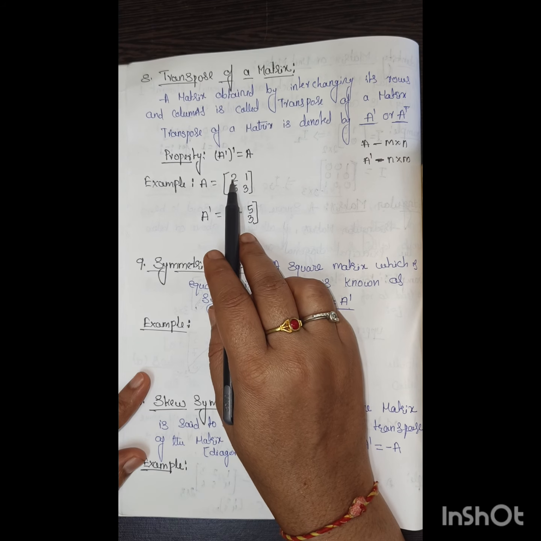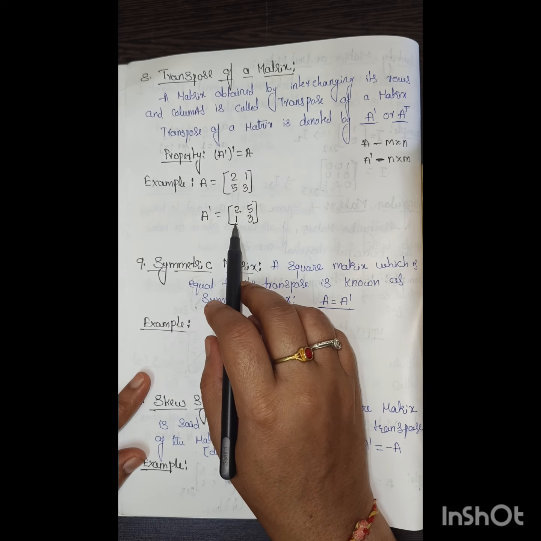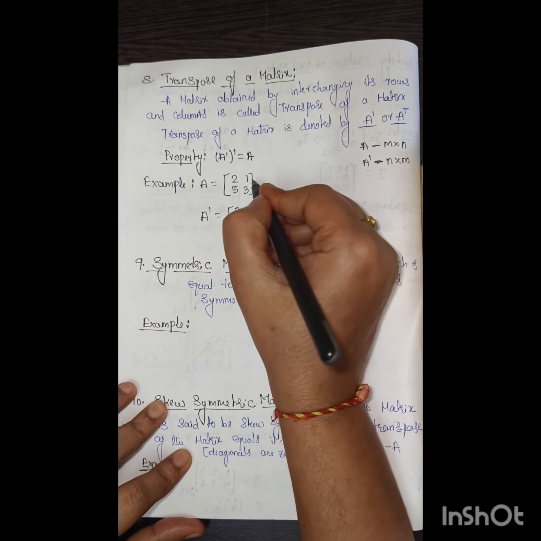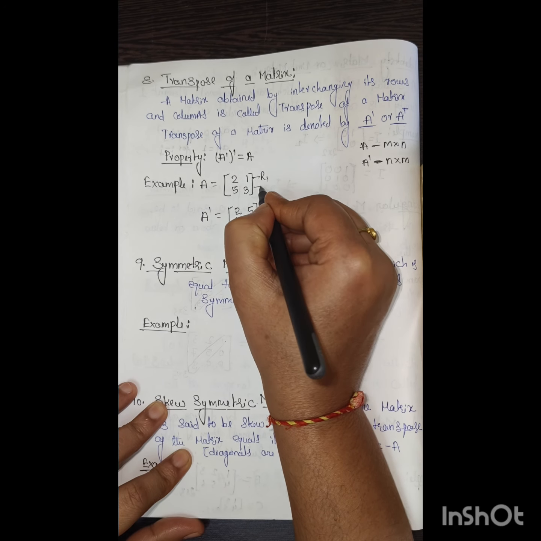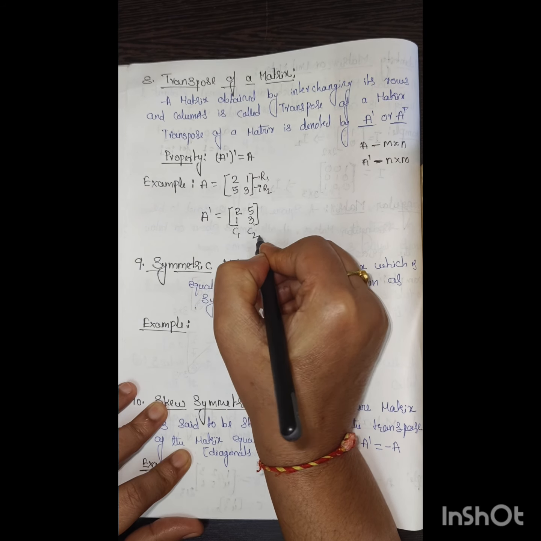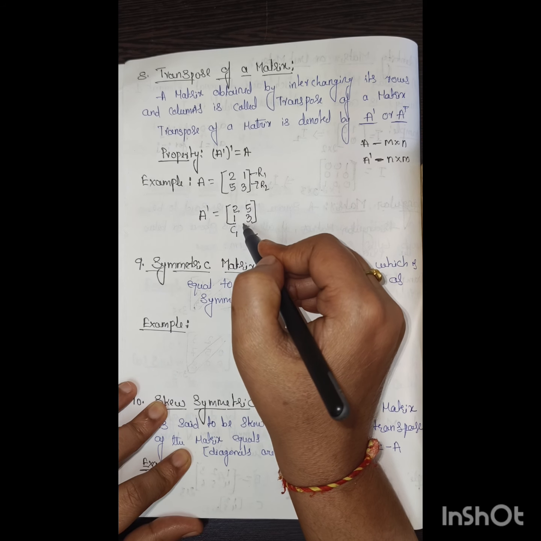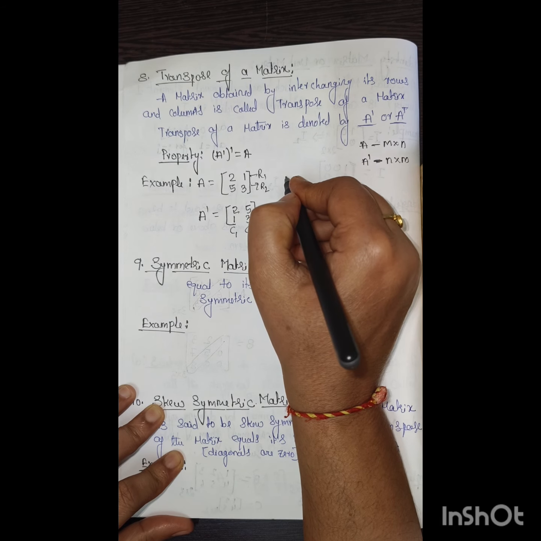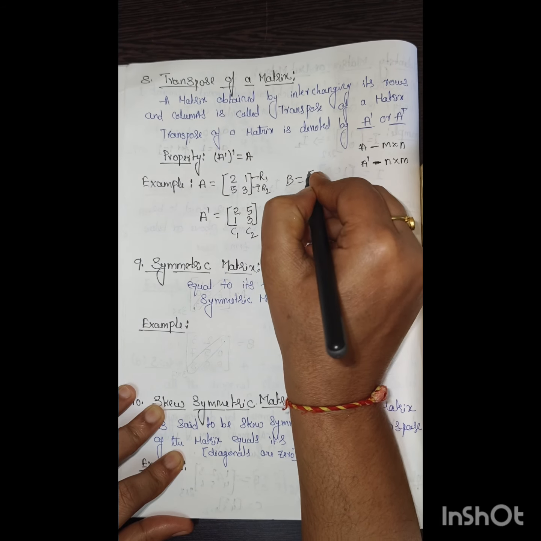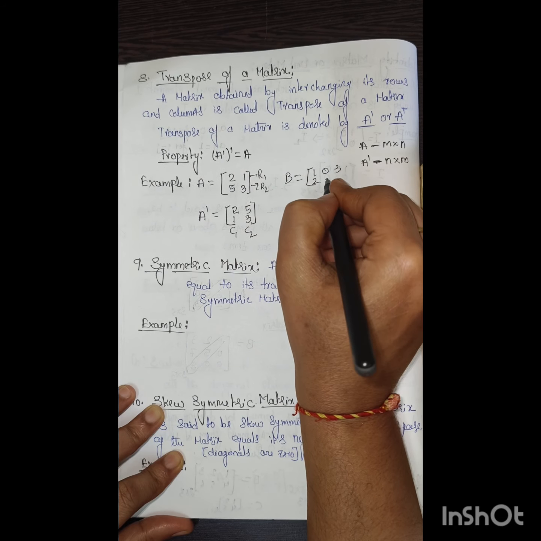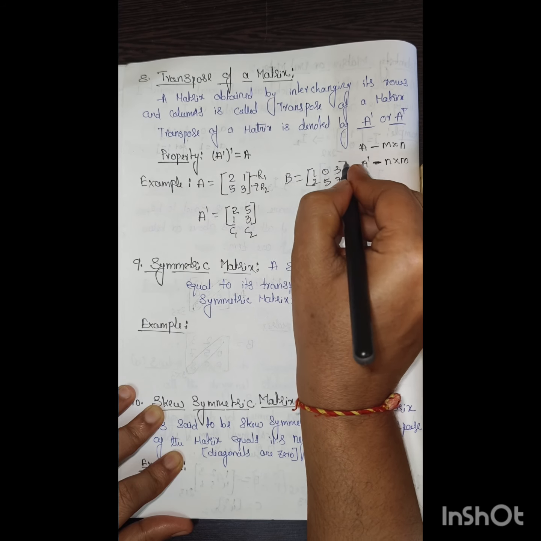So here the first row 2, 1 changes to the first column 2, 1, and the second row changes to the second column. See here, it's row 1 and row 2. Now they become C1 and C2. If interchanging rows and columns, it is called a transpose of a matrix. I will give another example here. B equals 1, 0, 3, 2, 5, 7.